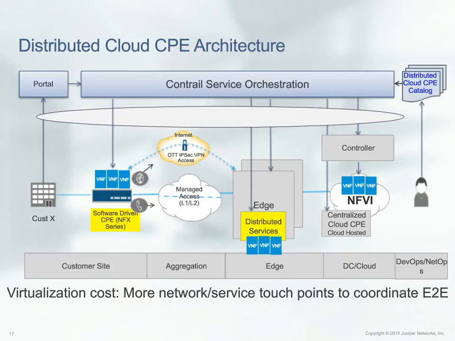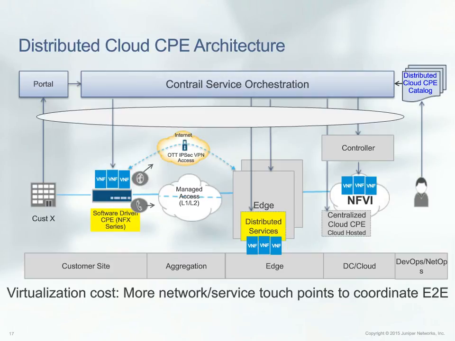Now, in terms of the connection model for this type of approach, this could be done in a managed access layer 2 type of tunneling, or even as an over-the-top service like an SD-WAN model, so that you leverage your existing internet-based connection models, but secure that with an IPsec VPN tunnel across that internet connection back up into the cloud.